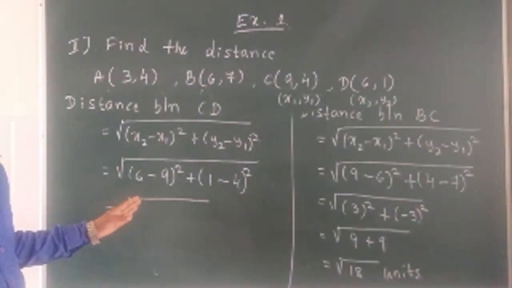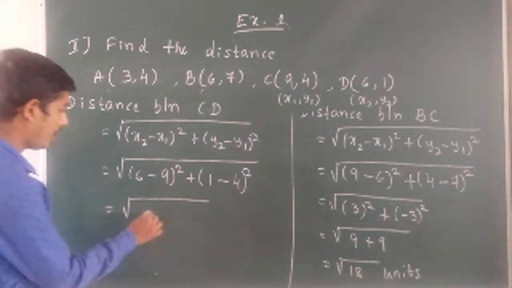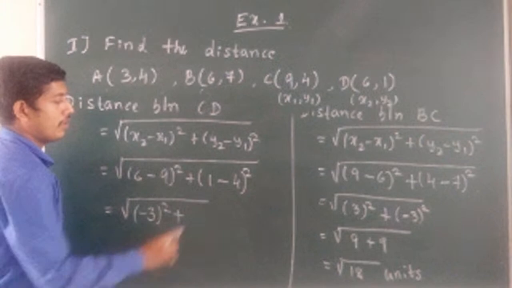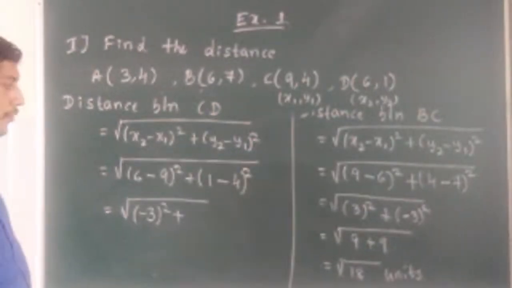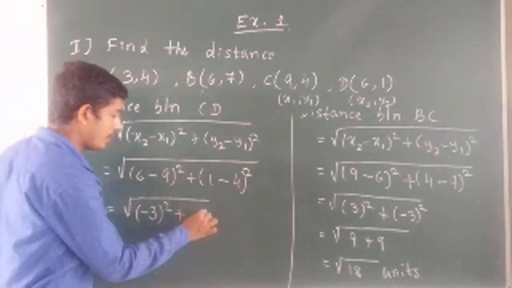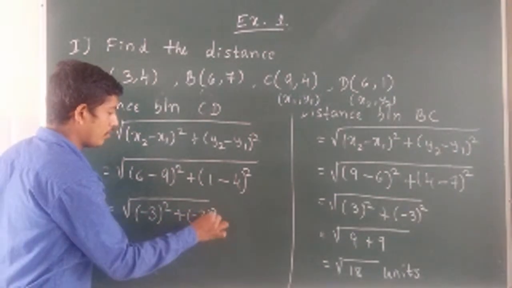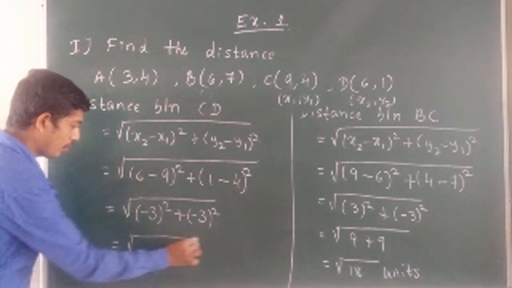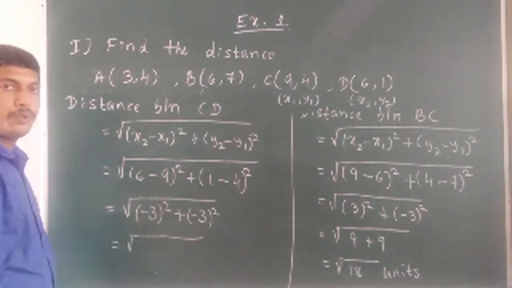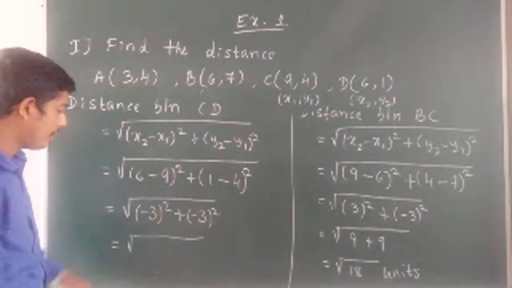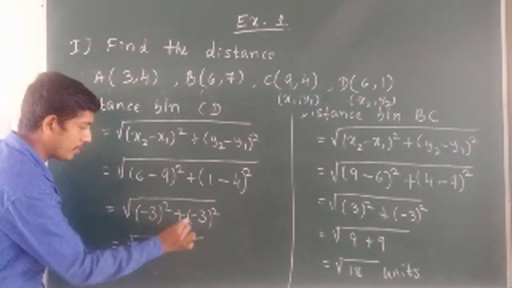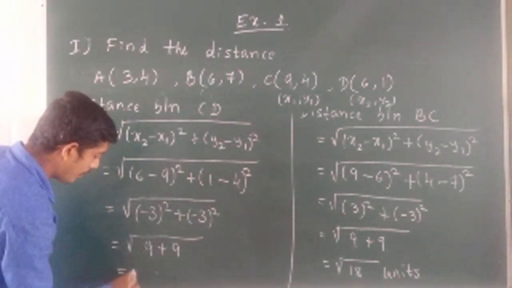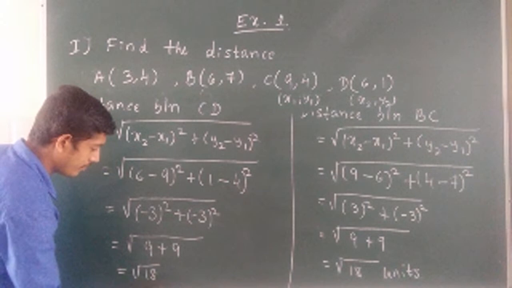There are different signs, therefore I have to subtract, 9 minus 6 is 3 and the sign of that term is minus, whole square, plus 1 minus 4. Different signs, therefore subtract, 4 minus 1 is 3 and the sign of that term is minus. Then minus raised to an even power gives plus, then 3 squared is 9, plus minus raised to an even power gives plus, this one is 9. So 9 plus 9 it is 18 units.